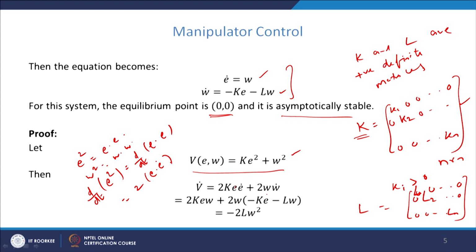Similarly, W square, when we differentiate, we will get 2 W W dot. It means the dot product of W vector and W dot vector.